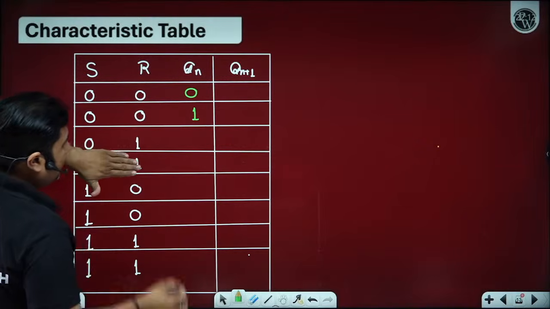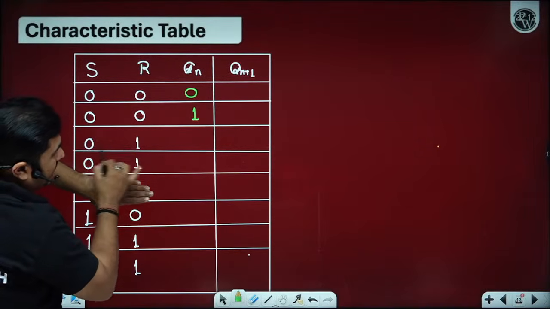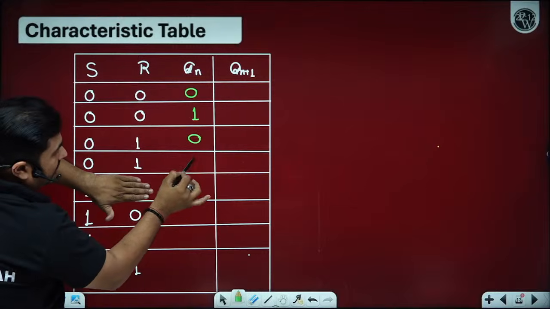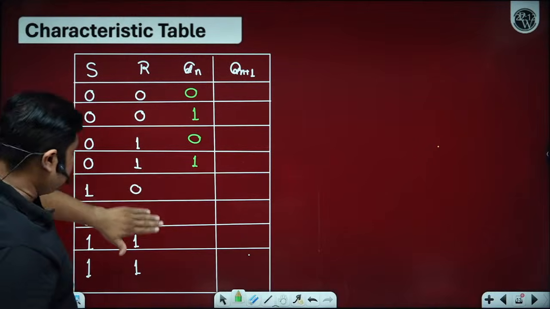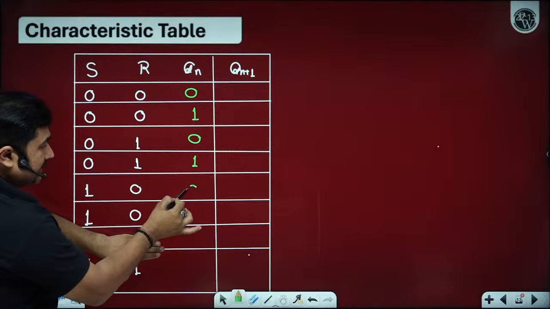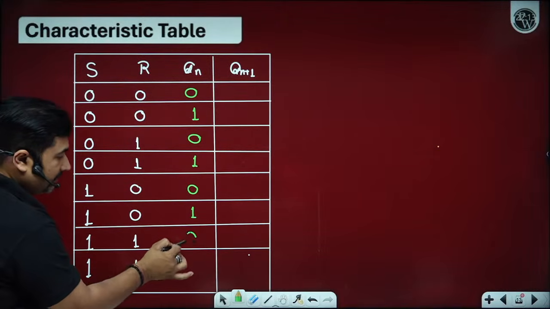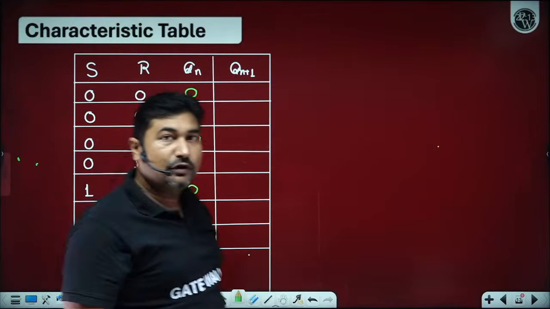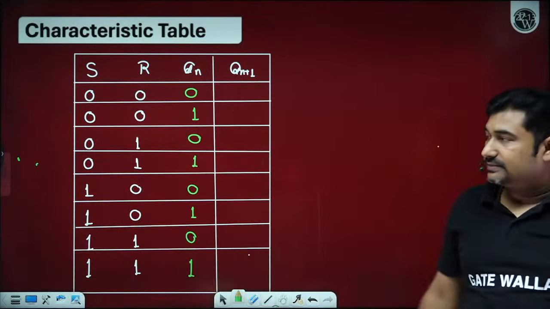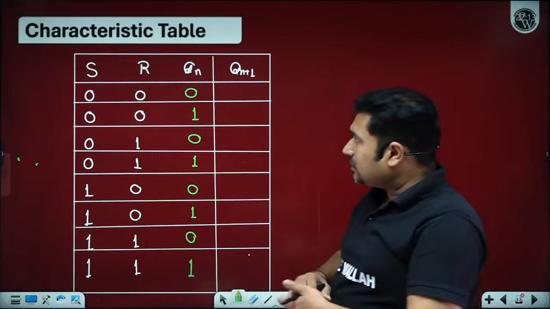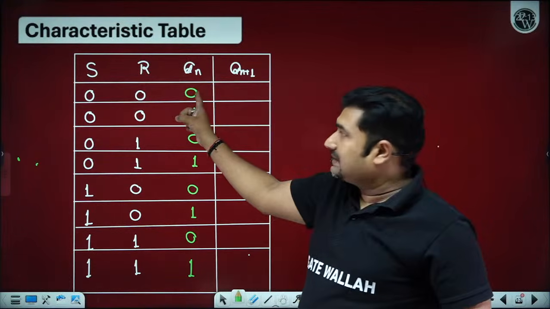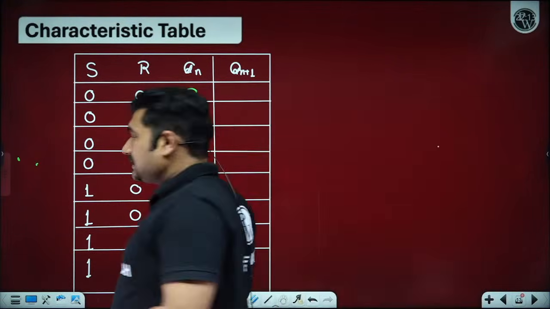For present input 0, 1, present state may be 0, may be 1. For present input 1, 0, present state may be 0, may be 1. For present input 1, 1, present state may be 0, may be 1. How many of you are able to understand up to this part? So in terms of present input and present state, we can comment on the next state.